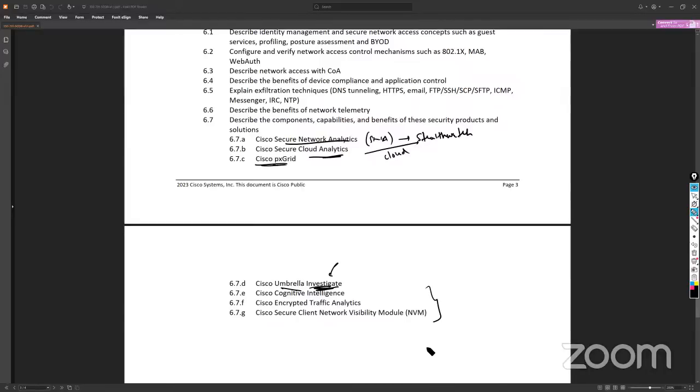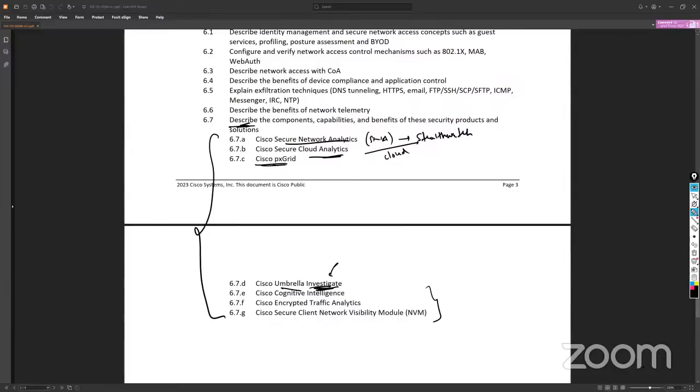And that's a good thing because you won't really be able to get hands-on with a lot of these products, because some of these are in cloud and some are within other solutions. Unless you are working in an environment where you are implementing these things, it's going to be very difficult to get hands-on. So it's good that you only need to describe and not implement or configure some of these things.